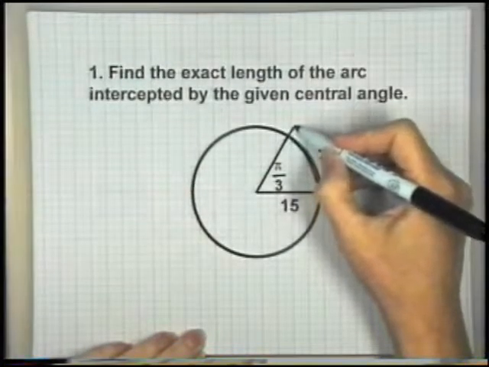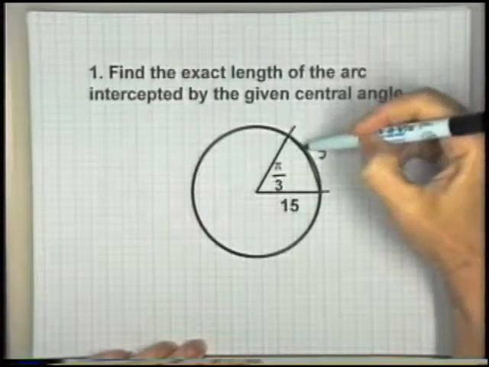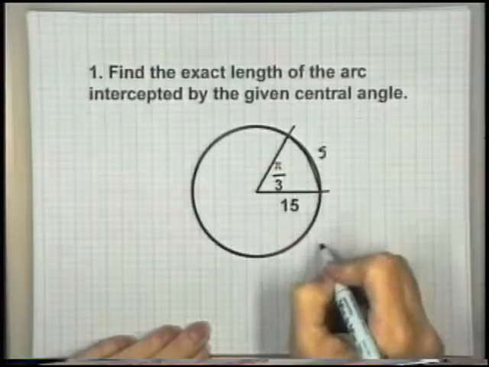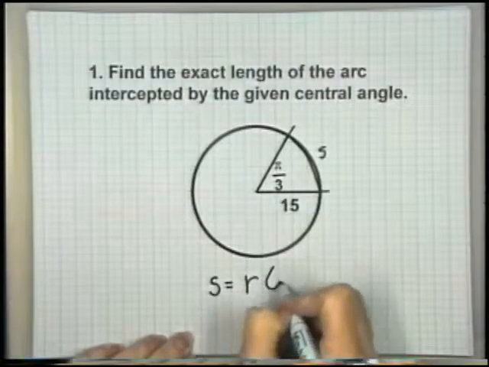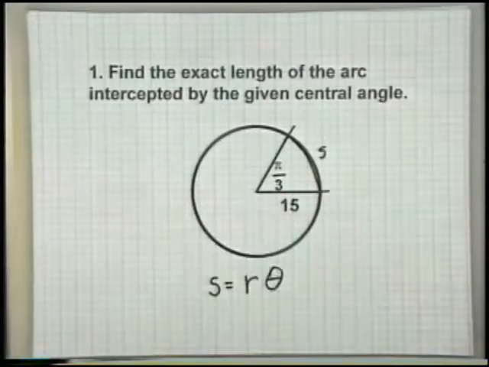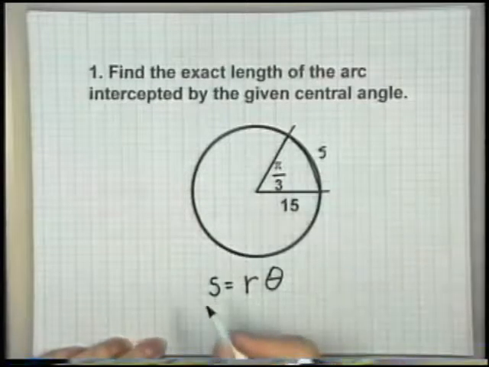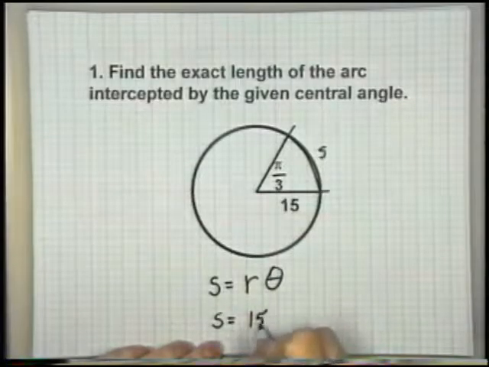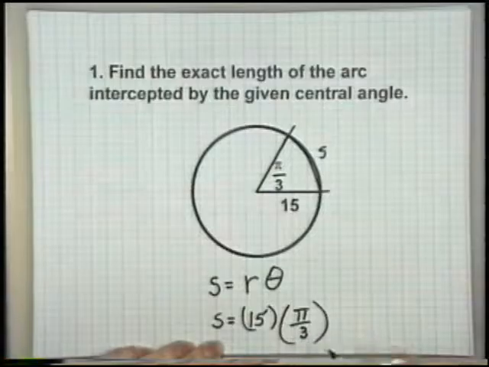One ray of the angle, another ray of the angle, and it intercepts this arc. So, to find S, we know that that is r times theta, where theta is in radians and pi over 3 is a radian measure. So we'll take our 15 and we'll multiply by pi over 3.